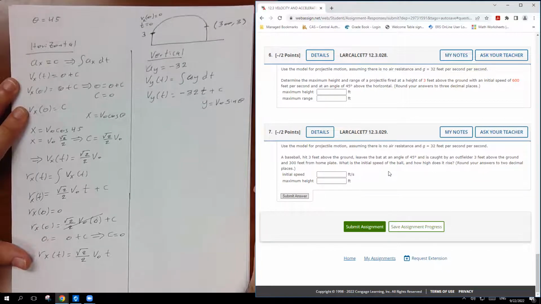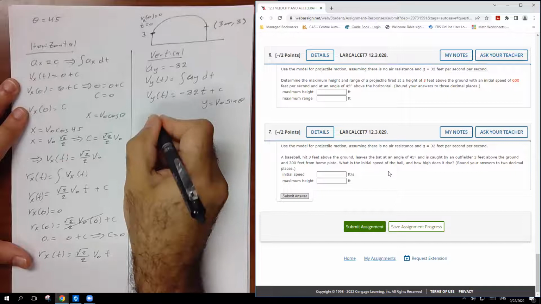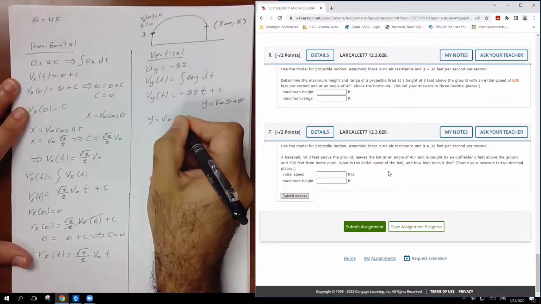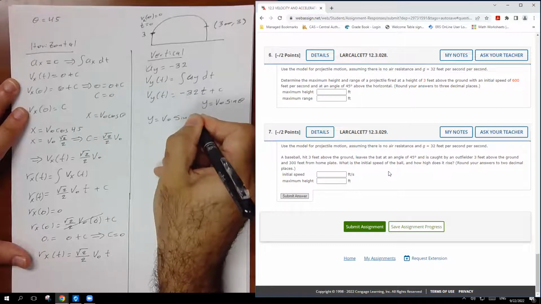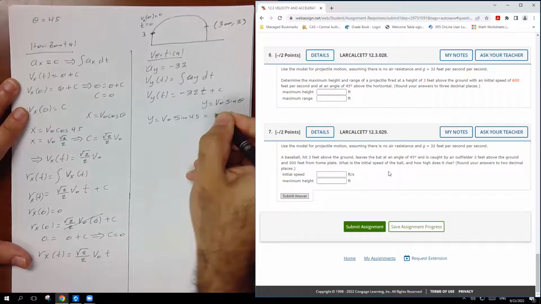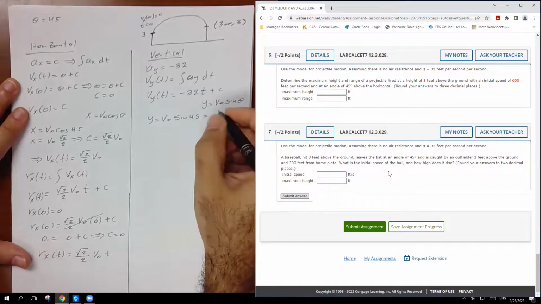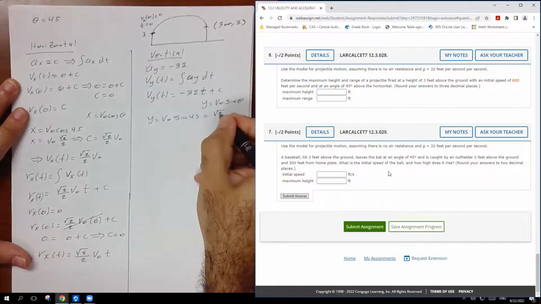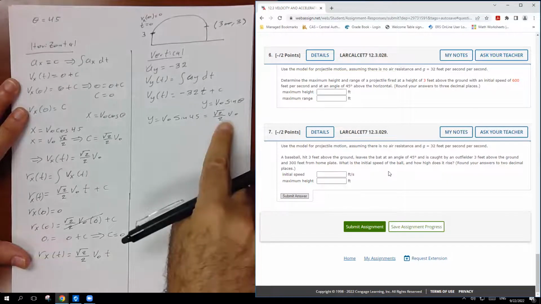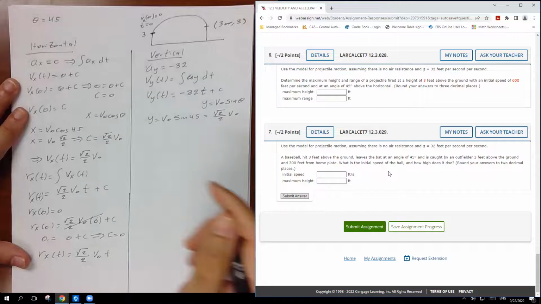That means y is going to be v naught sine 45, which is equal to square root of 2 over 2 v naught. Plug in this one here at the point when t equals 0.